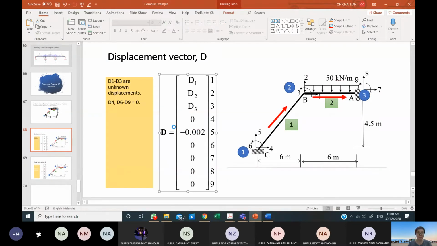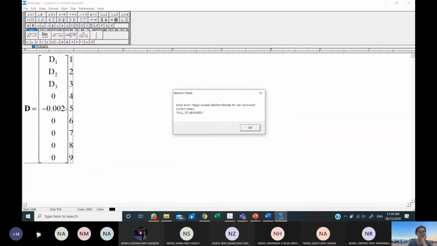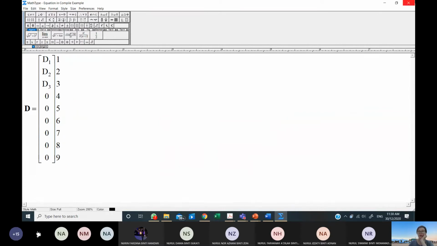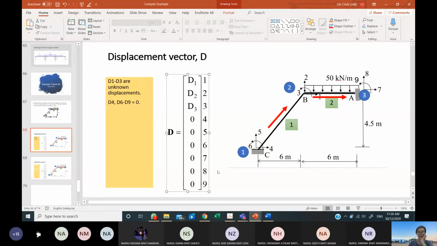So in this case, your displacement vector shall look like this, where D1, D2, D3 are unknown displacements, and the later D4 to D9 are 0. Okay, do you get this answer?